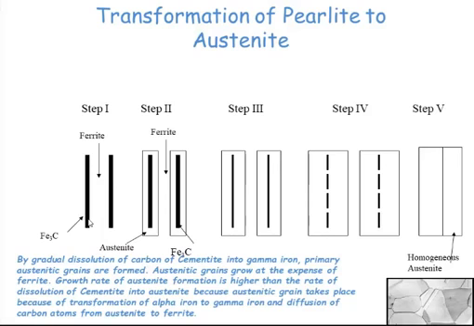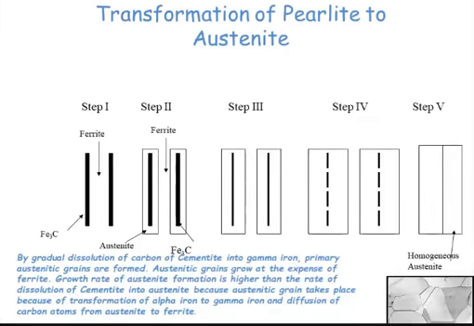But during heating, what happens? This cementite loses the carbon, and a carbon enriched layer forms close to the cementite layer, and that's why austenite forms. Now this austenite is growing in size by compensating the ferritic region. So the growth rate of austenite formation is higher than the rate of dissolution of cementite into austenite, because austenitic grain formation takes place because of transformation of alpha iron to gamma iron.